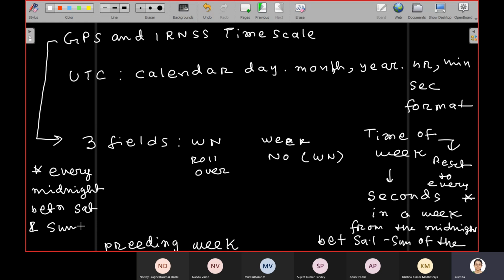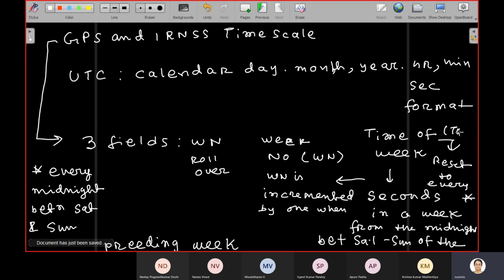When it is reset to 0, the week number is incremented by 1. Let's call this TOW, the abbreviation for time of week, when TOW is reset to 0.